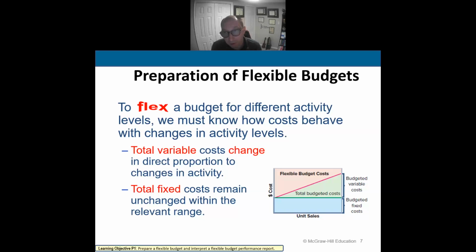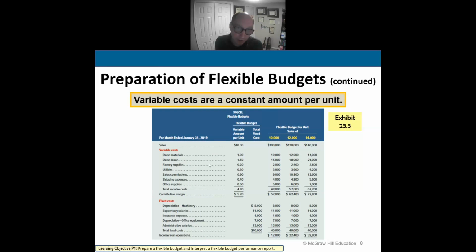Fixed costs, however, remain the same regardless of the level of activity. The rent amount, still the same. Salaries, still the same. The depreciation, still the same. Variable costs are direct materials, direct labor, and variable factory overhead that change with the level of production. So it's important to understand that we budget both fixed and variable expenses within our flexible budget.